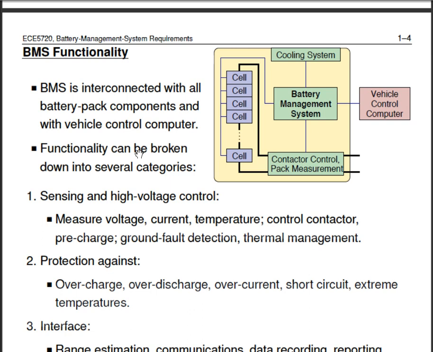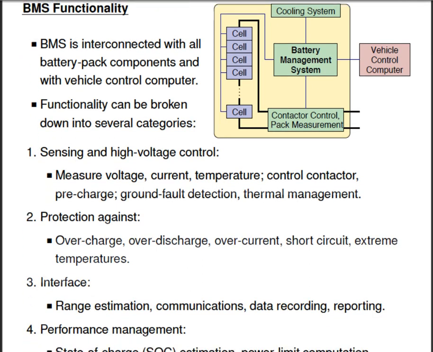Functionality can be broken down into several categories. Number one, sensing and high voltage control. I told you there is CT, PT, current transformer, potential transformer, charge and discharge sensing. Continuously these transformers or sensors are sensing the high voltage, high current, power and all those things. So measure voltage, current, temperature.